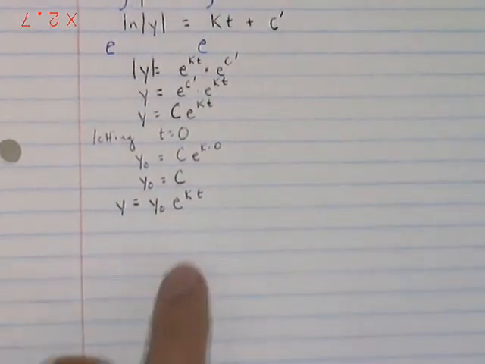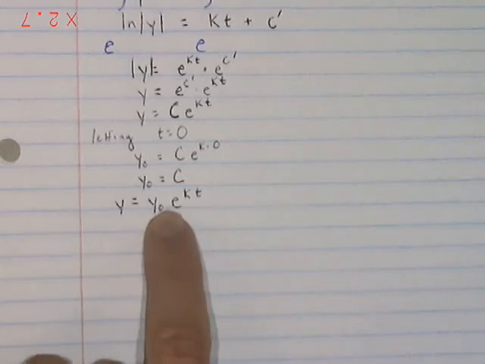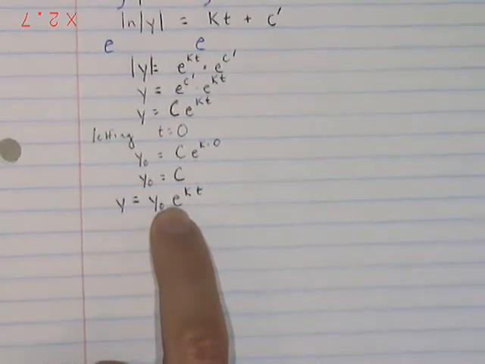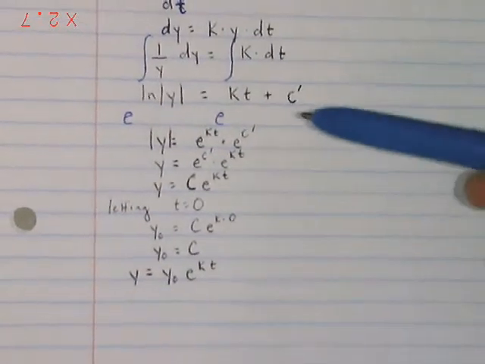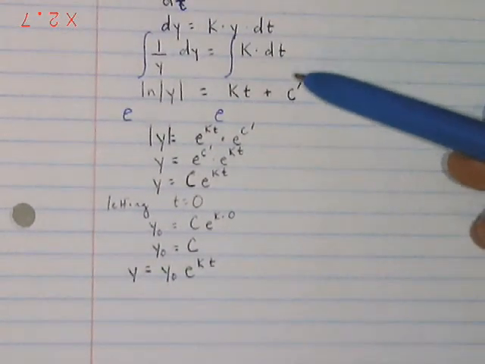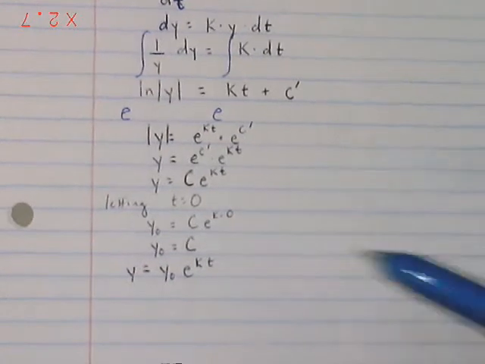Okay? This should be familiar. We should have hopefully worked with functions like this in Algebra 2 and Pre-Calc, but now we can see the genesis from calculus of where this relationship comes from.